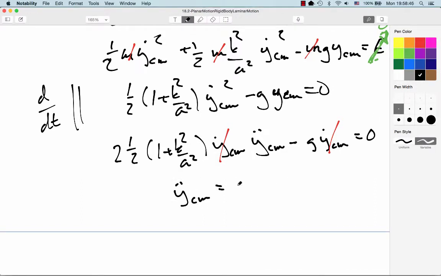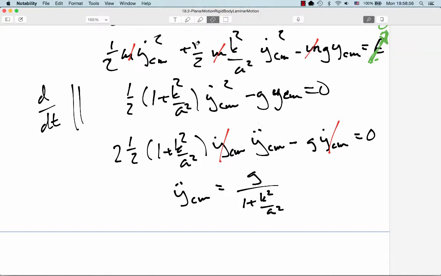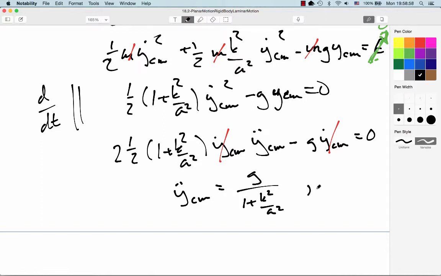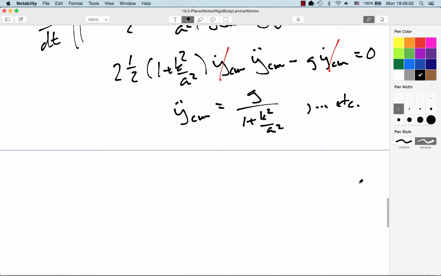Then I am left with y_cm double dot equal to g over 1 plus k squared over a squared, and then we know where this goes from there. Alright, and we can go ahead and do this same kind of thing again with the inclined plane.